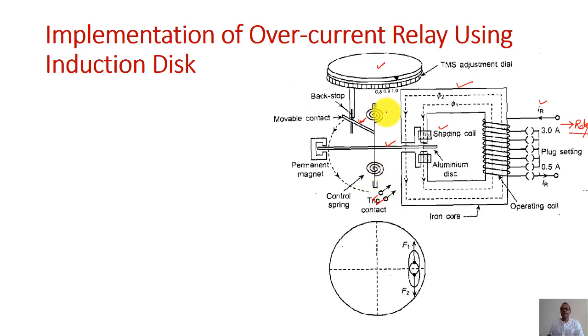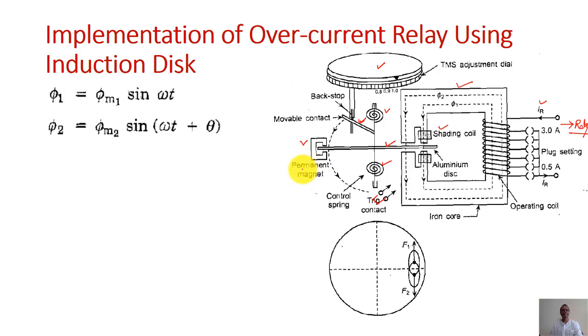There are two springs to provide the restraining force to this contact. As soon as there is no excitation, it goes back to its original position because of these two springs. And here there is a permanent magnet, obviously. Now we'll see how the torque is produced in this.